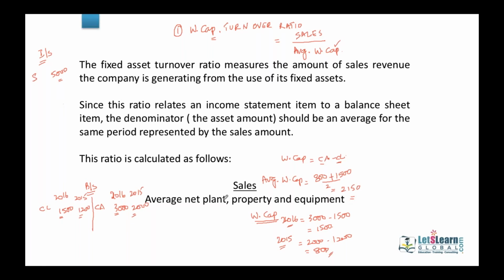Now let us use it in the formula: sales, that is 5 million, divided by average working capital, 2150. So 5 million divided by 2150 gives us 2.32. Means every $1 of average working capital is able to help us make $2.3 of sales.